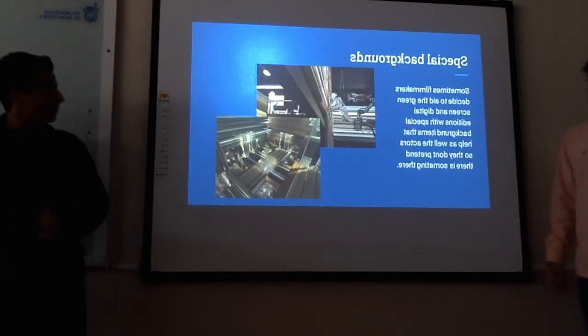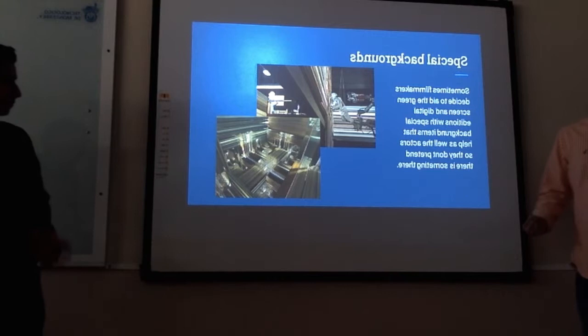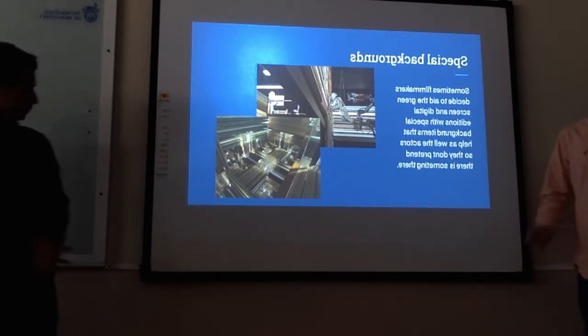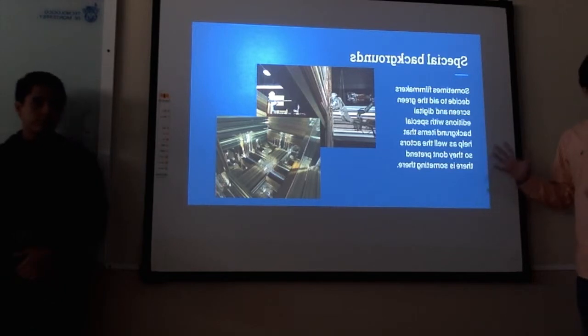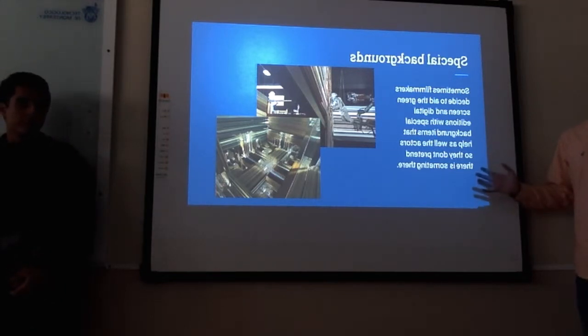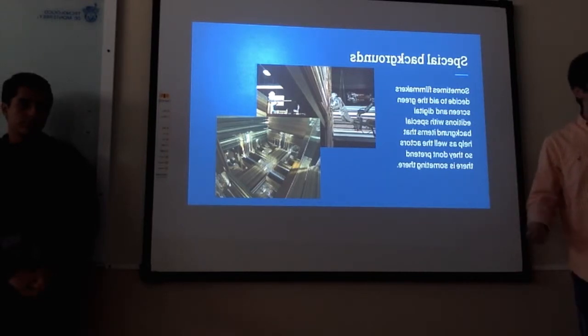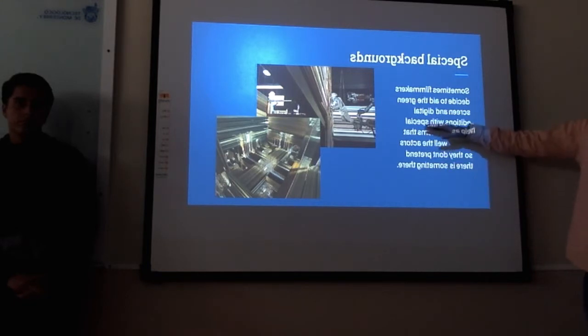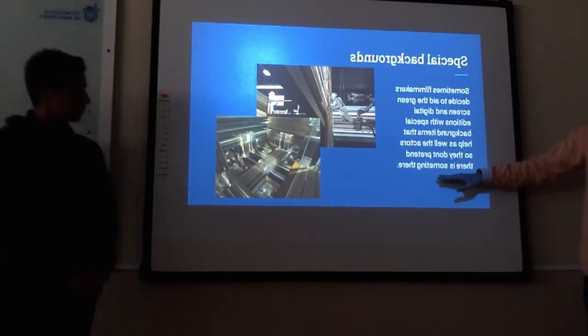Special background. Sometimes editing a background is made by computer, but a lot of times they need physical backgrounds in order to base the digital editing and base the actors on where they have to be, what to talk and what to say. This scene is from the same movie, Interstellar.